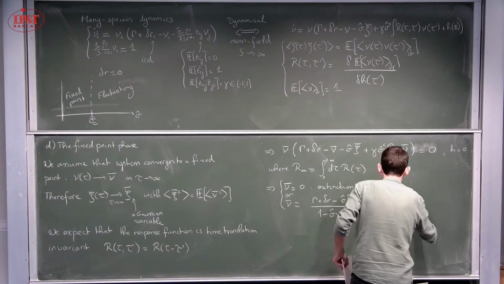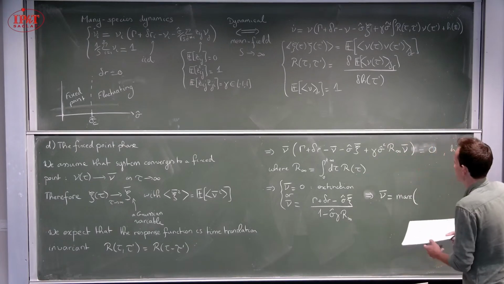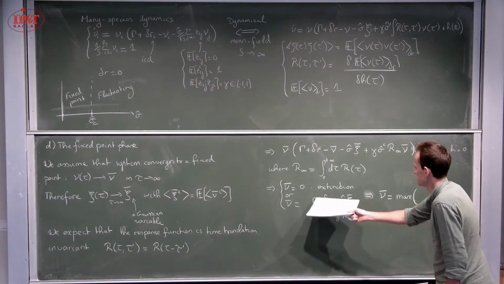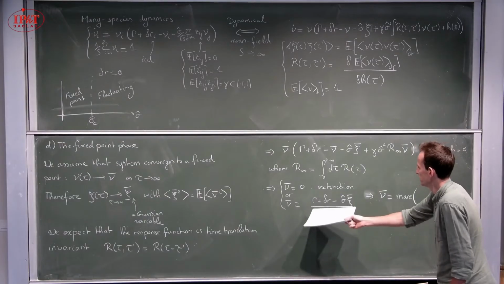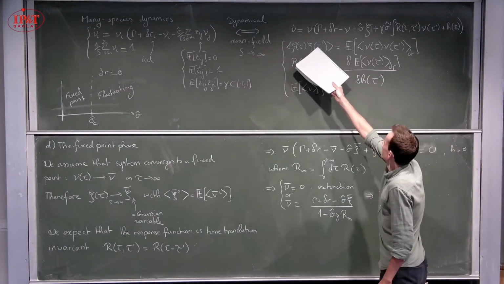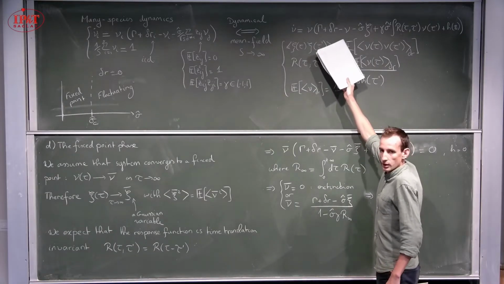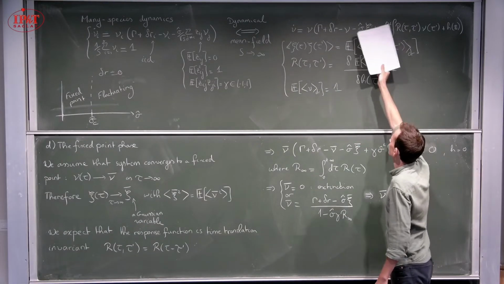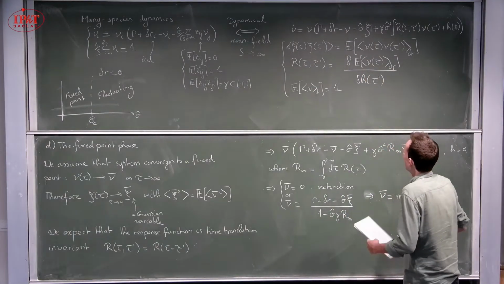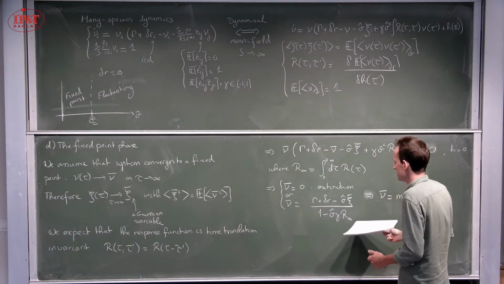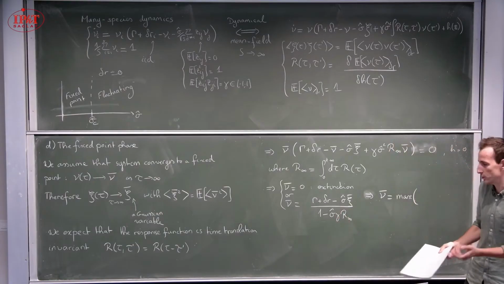And what can be easily realized is that if this solution is positive, then the fixed point at nu equal to 0 is unstable, because there would be positive growth rate here. And on the other hand, if this is negative, this is clearly not an acceptable solution.